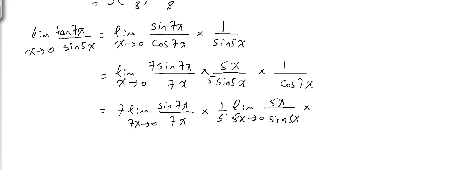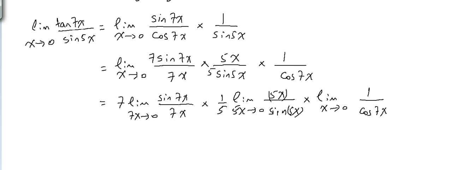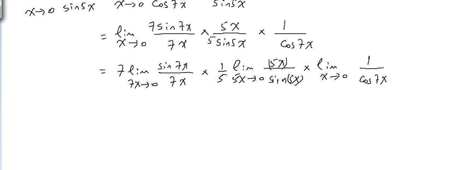We need it to be u of x, the same as what we're using here. This is u of x and this is u of x, times again the limit as x approaches 0 of 1 over cosine 7x. We can leave it as cosine as x approaches 0.